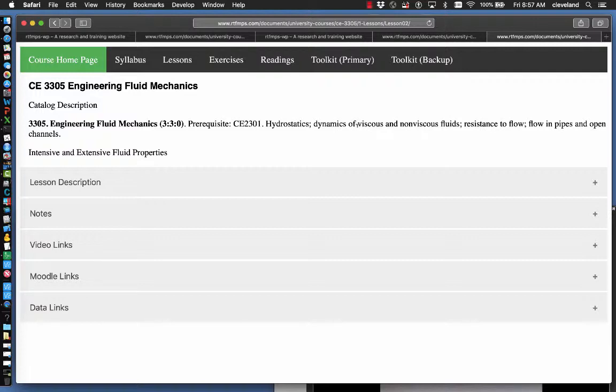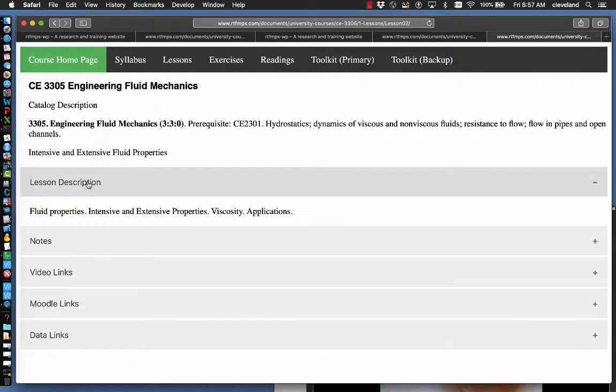Lesson 2 consists of an examination of fluid properties, the difference between an intensive and an extensive property. There'll be a component where we develop the conceptual theory behind the term viscosity, and a few applications of fluid properties.